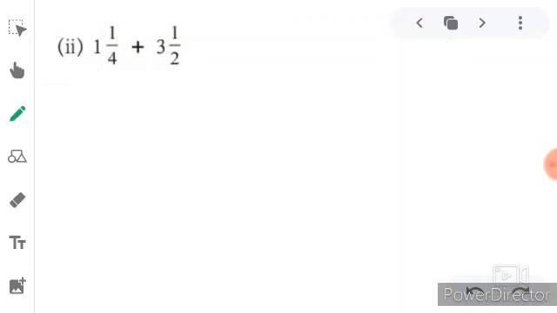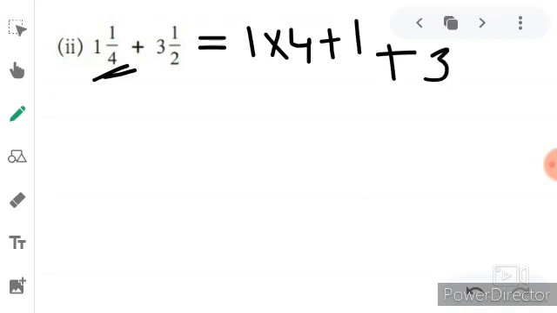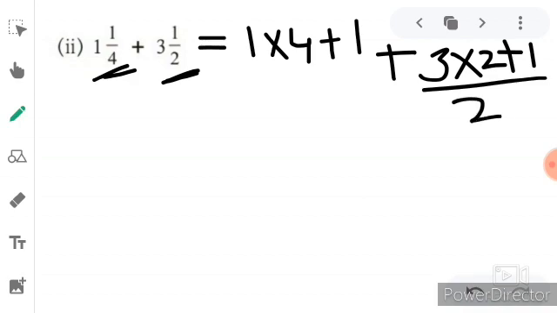Now students, the second example. We are going to solve the second example with the help of the second method. So let's solve it. First of all give the equal sign, then 1 whole number multiplied by 4, here the denominator is 4, plus 1, then plus 3 whole number, the second term, here the denominator 2 multiplied by 2 plus 1 divided by 2, here divided by 4.